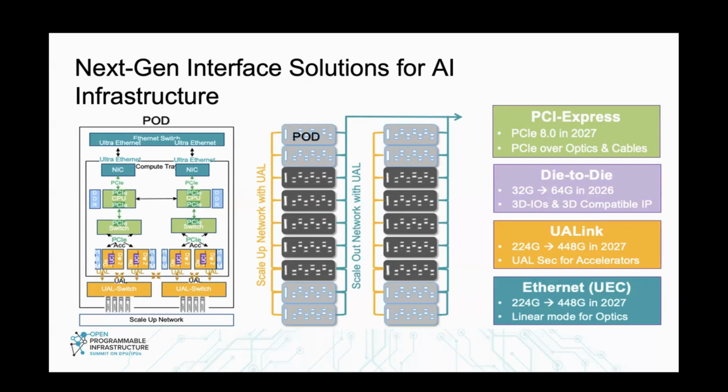UEC itself doesn't actually push that transition or linear pluggable optics or things like that. But that aside, what of this ties into OPI and common APIs, common lifecycle provisioning, common application use cases, especially on accelerator fault codes? How do you tie your whole presentation back to OPI's mission?